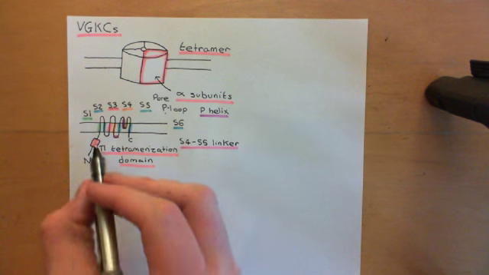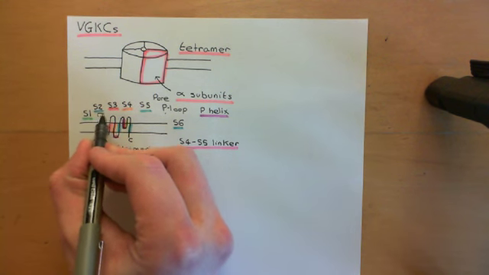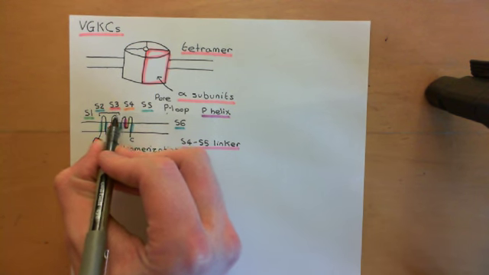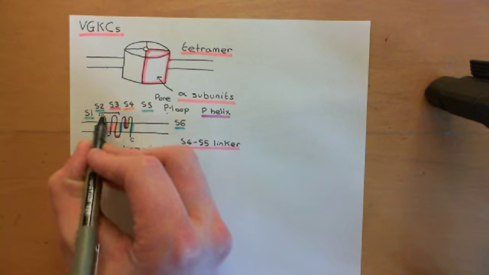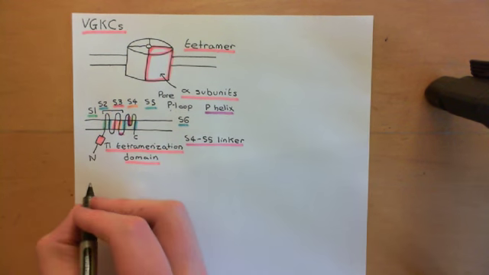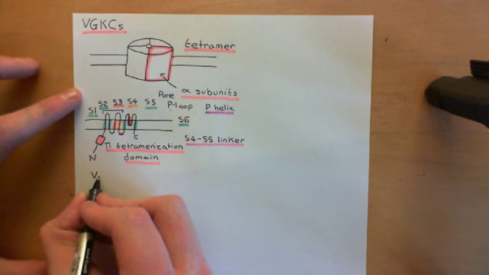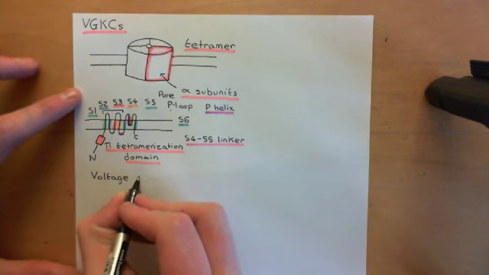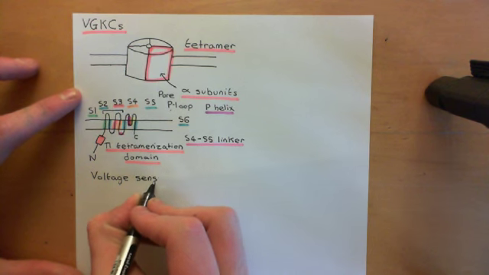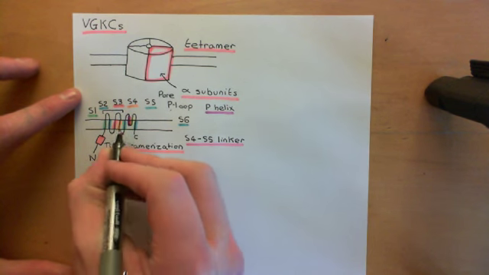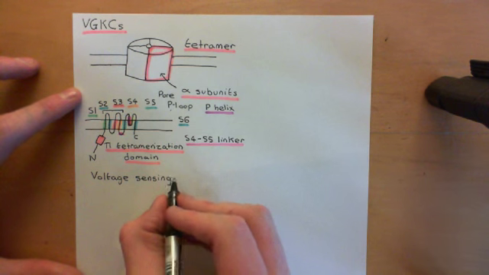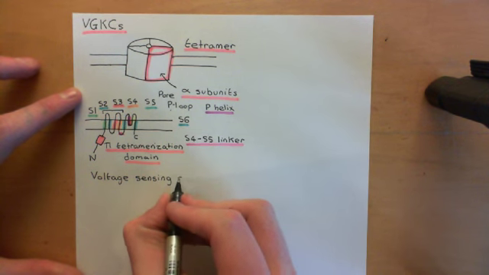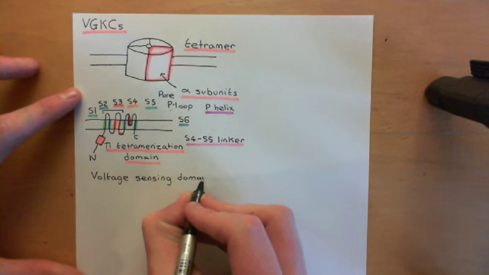The domain from S1 to S4 here, S1, S2, S3, S4, this cluster of four membrane spanning alpha helices, is often called the voltage sensing domain. We will see that this is separated from the other portion of the transmembrane domain here. So this is the voltage sensing domain.